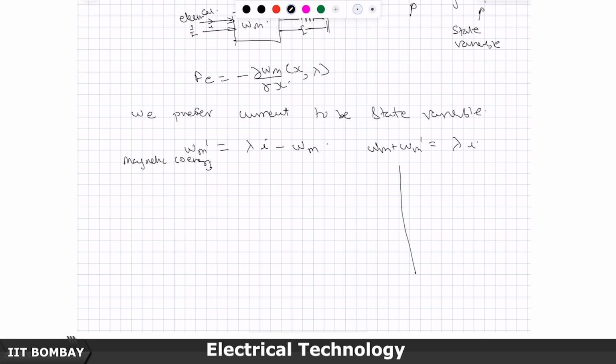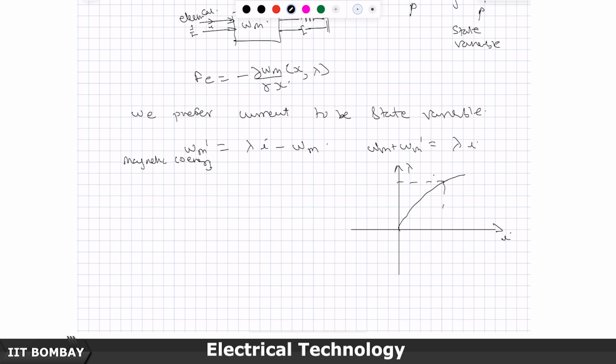So, we had a very simple example like this, where let us say this is the lambda, this is the I, and we have this lambda-I characteristic.